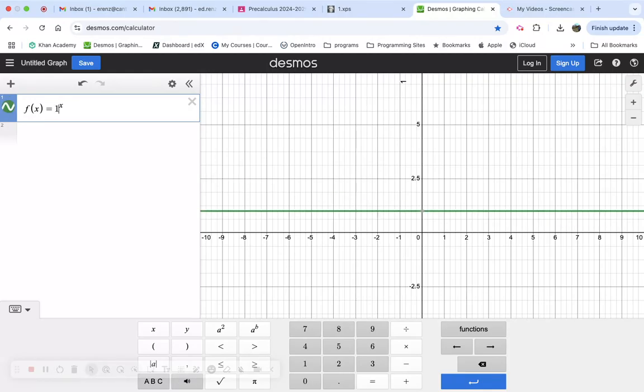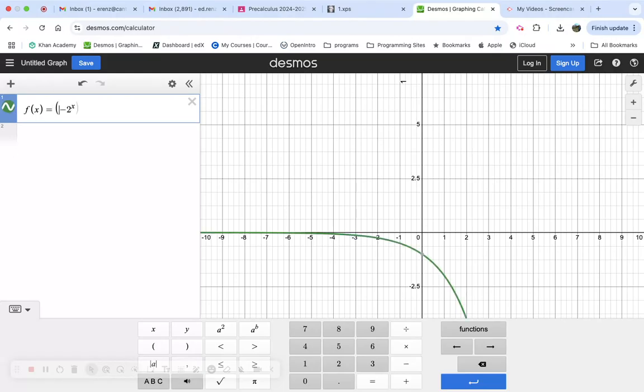All right, so 1's a no-no. We can't have the base be 1. That's not allowed. And of course, it can't be 0. And it can't be negative. So I can't have -2 here. Well, the negative's outside. What I mean is, let me see if I can explain that a little better.